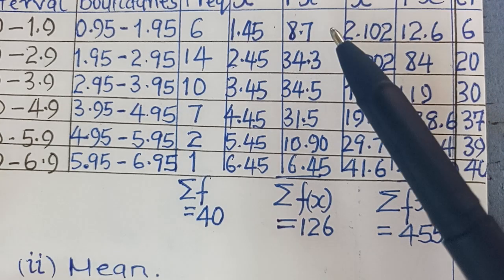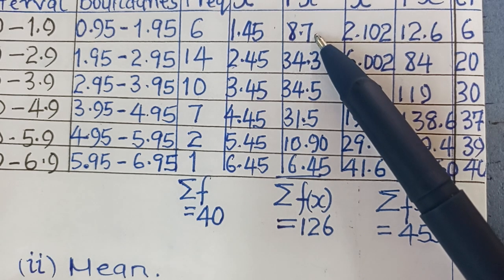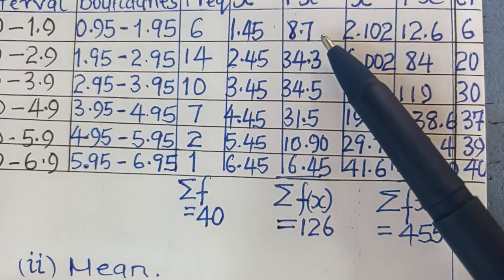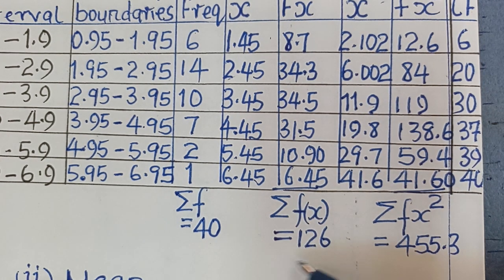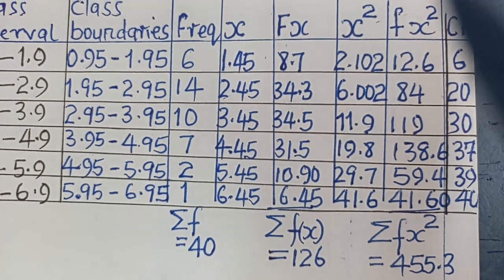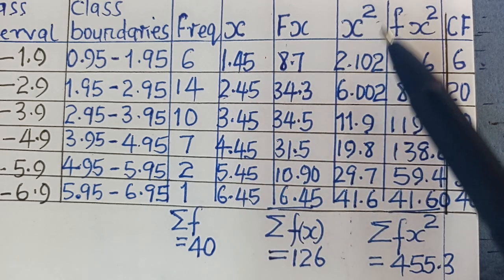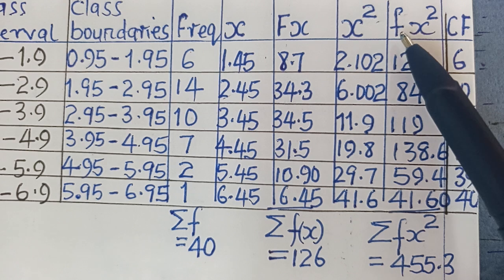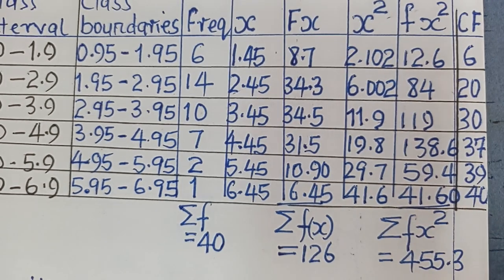So our fx is right here for each class interval, 8.7 for the first class interval, and so on. We can add now to see the summation of fx, which gives us 126. From there, we can come to x squared. From the midpoint, we square, and then we can get the fx squared. Those are the details for that.